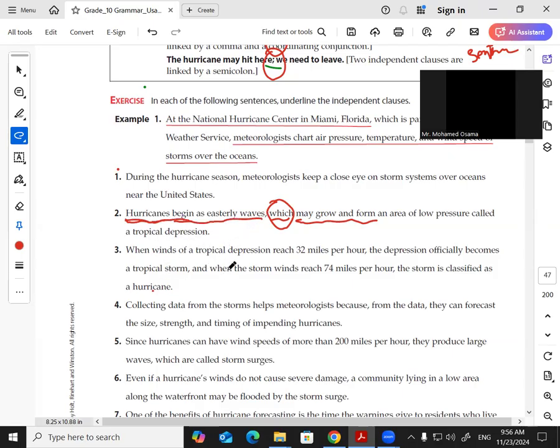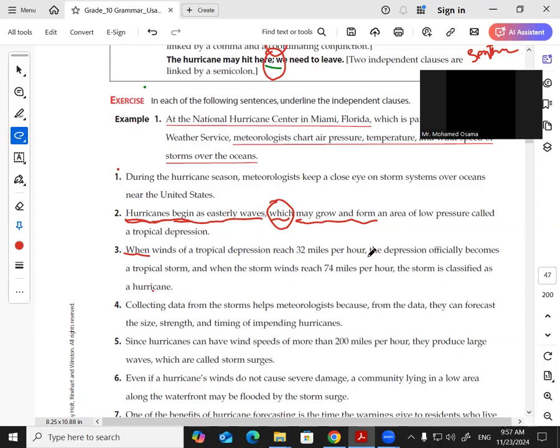Number three: when winds of a tropical depression reach 39 miles per hour, the depression officially becomes a tropical storm. Here we have when, which is a subordinating conjunction. After when, I don't have a complete sentence, because if I say when winds of a tropical depression reach, blah blah, I haven't received a complete thought. But where is the complete thought here?